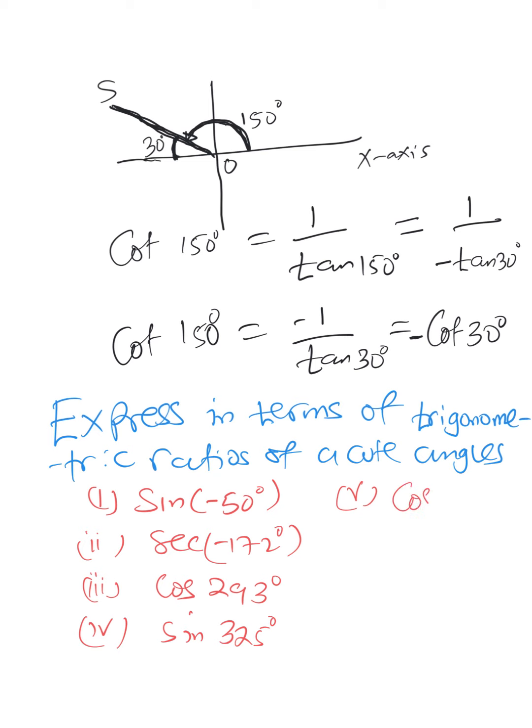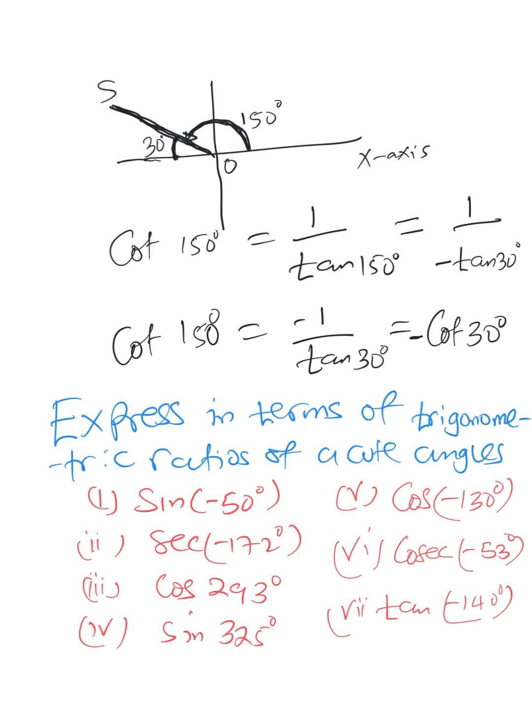The cosine of minus 130 degrees. The cosecant of minus 53 degrees. Then we have tan of minus 140 degrees, as number 7.